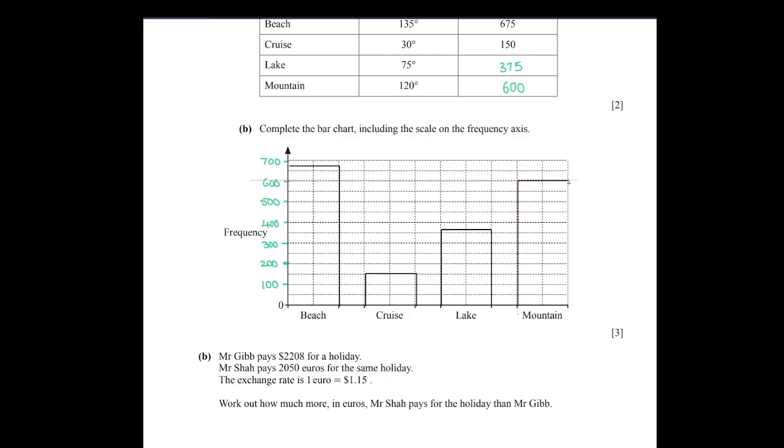This is 600. Okay, this is done. The bar chart is done.